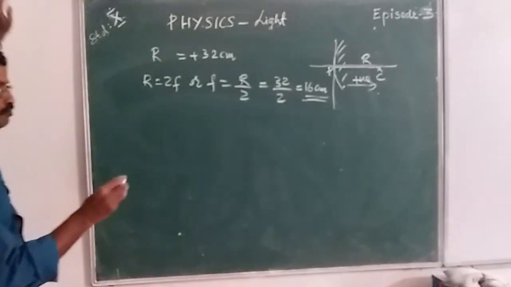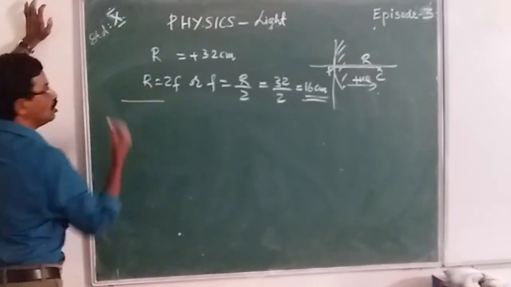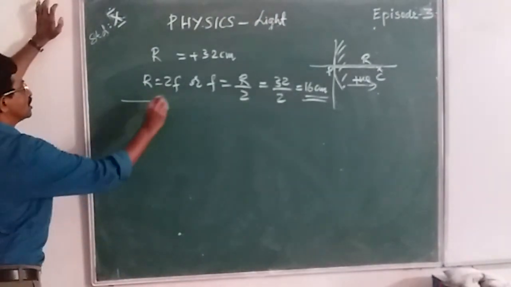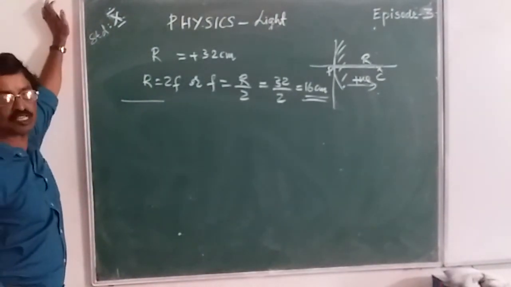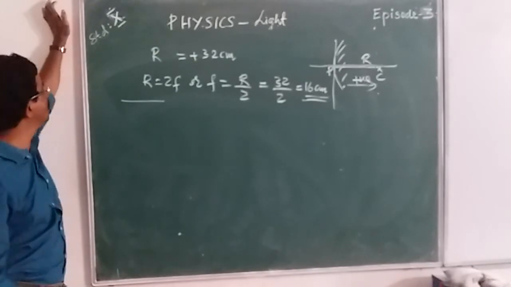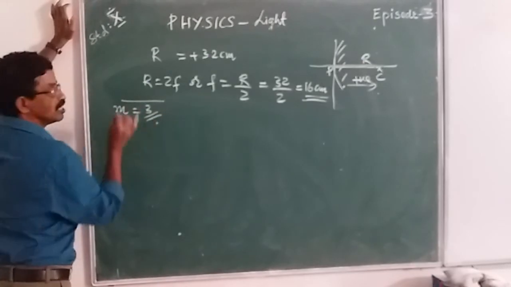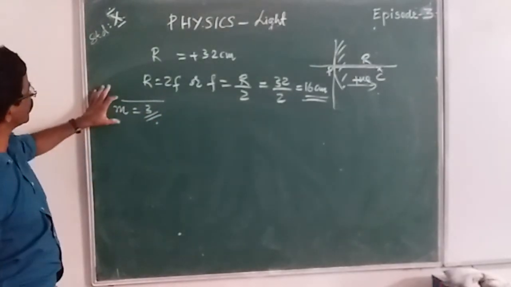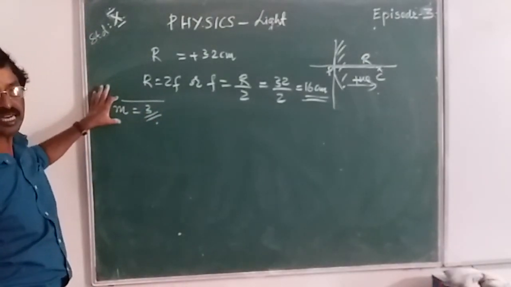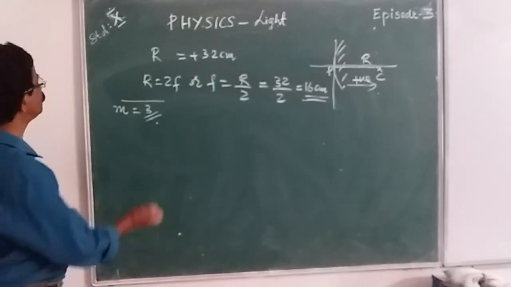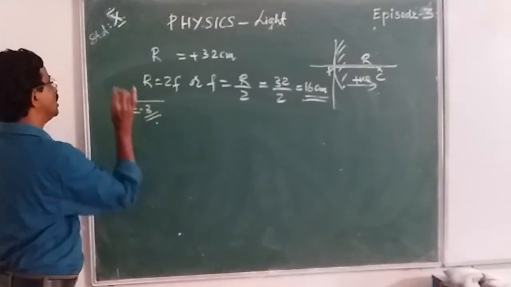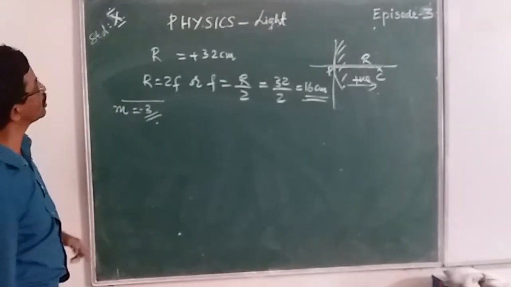A concave mirror forms 3 times magnified image. 3 times magnified image means M is equal to 3 times. See, magnification is 3 times. Hence, M is equal to minus 3. We can take plus or minus 3.